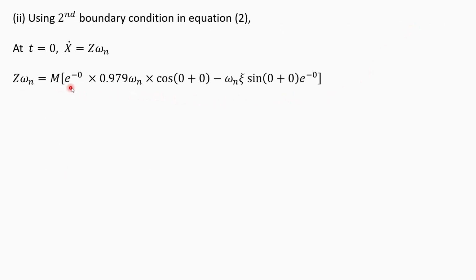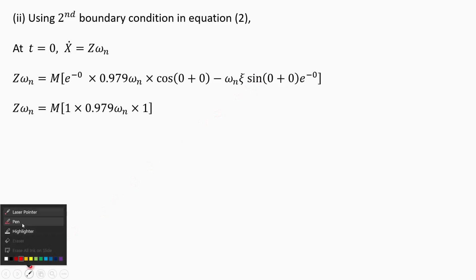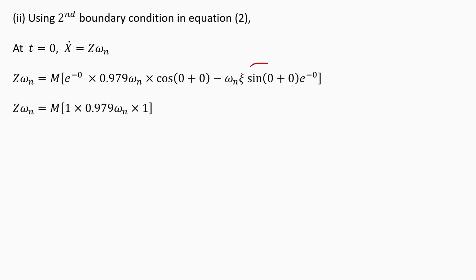So this is the equation. e raised to 0 is 1, e raised to minus 0 is 1. This term as it is. Cos 0 is 1, but sine 0 is 0. So this entire term is 0. So 0 multiplied by this omega and zeta e raised to minus 0. So because of this sine 0 term, this entire term is nothing but a 0 term.